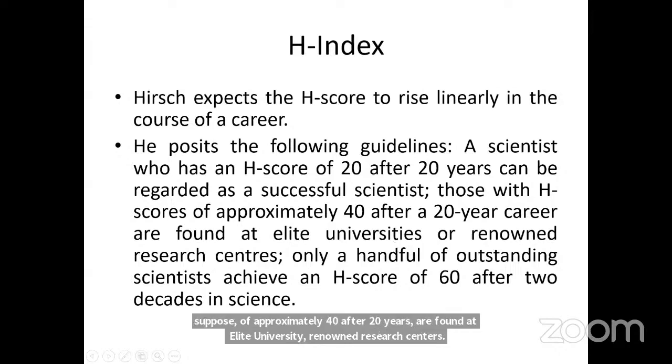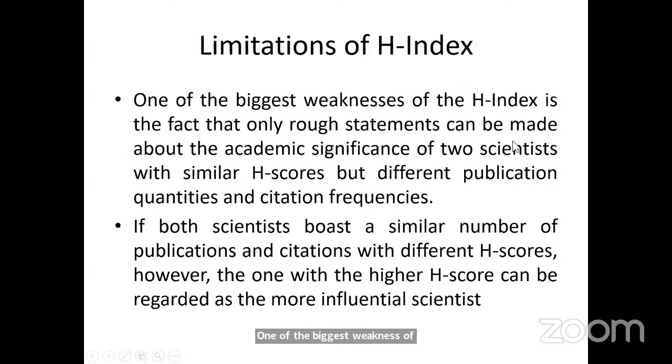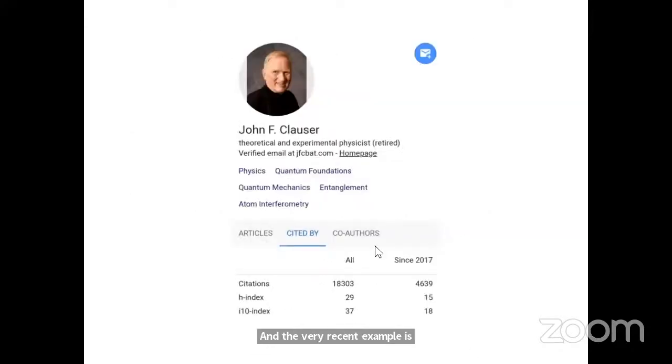One of the biggest weaknesses of the index is that only rough statements can be made about the academic significance of two scientists with similar H scores, right? You cannot judge a person's contribution just by H score. The very recent example is John Clauser. See his H index.